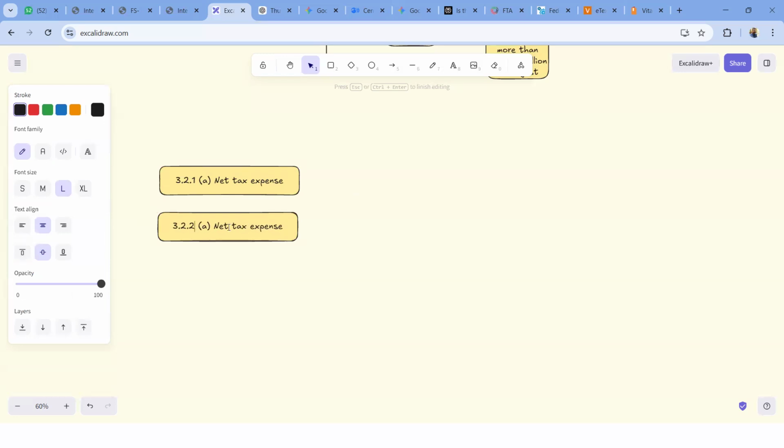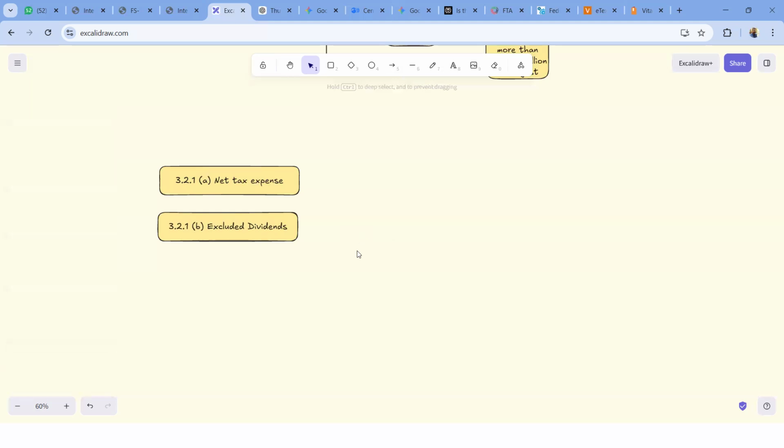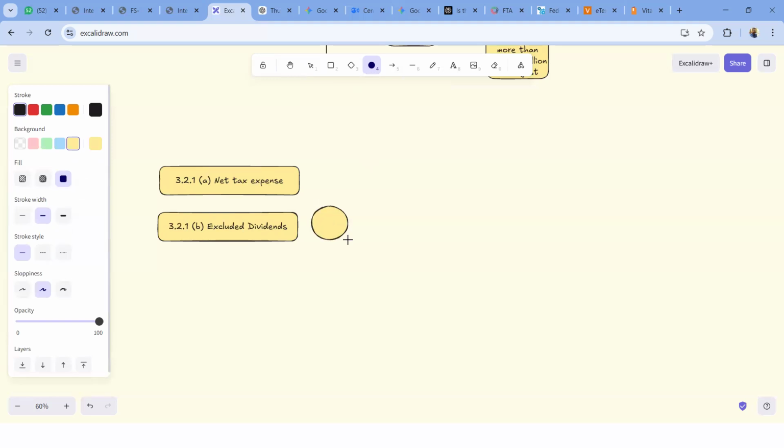The second one is 3.2.1b. It is excluded dividends, right? What are excluded dividends? Those dividends which are not short-term portfolio holdings are excluded dividends. But of course, there is also an option which I can take, right? What is the option?